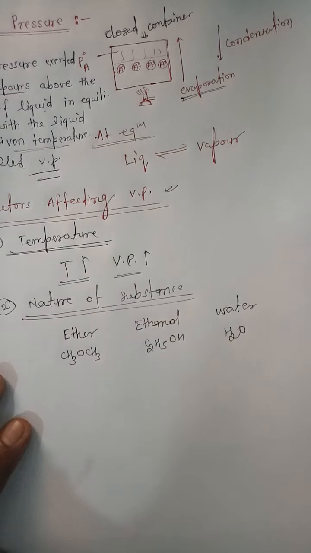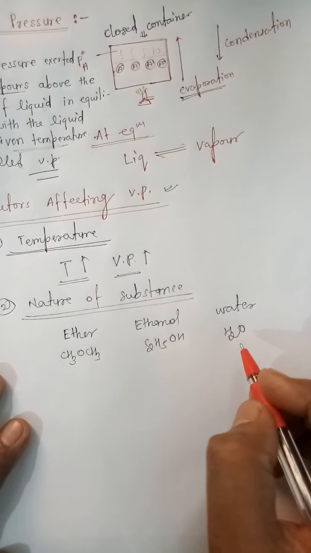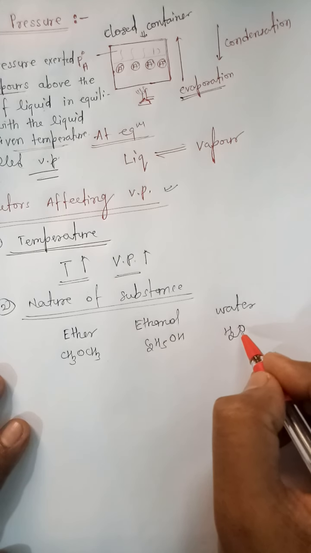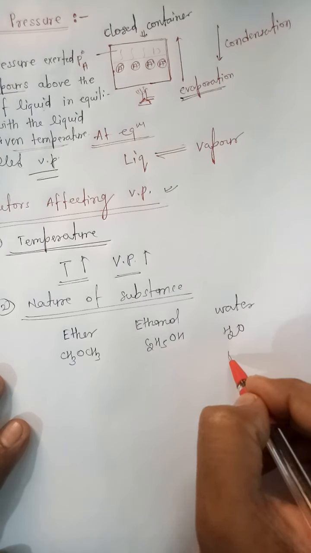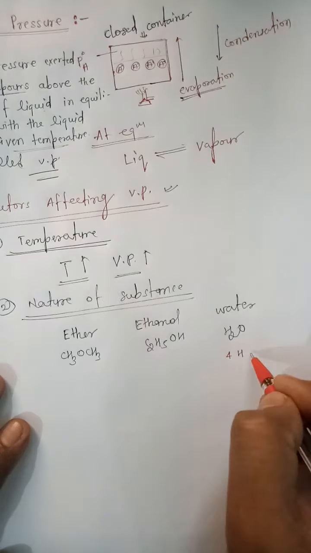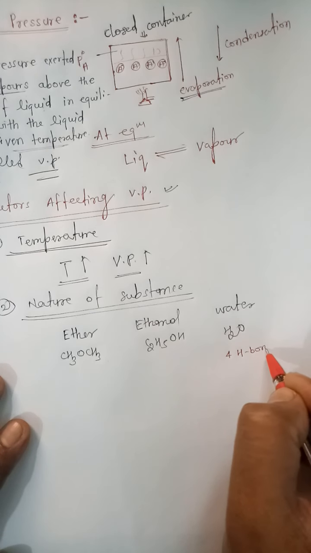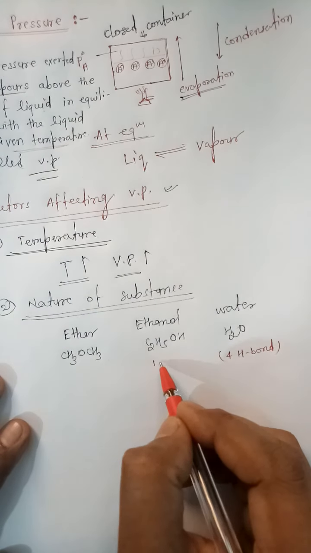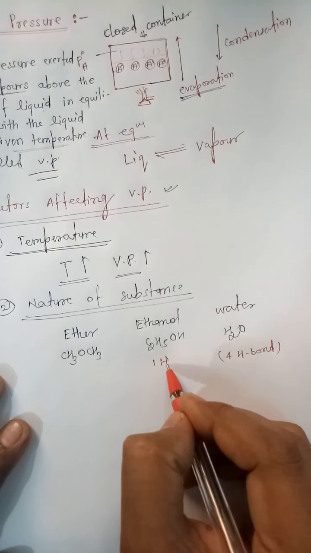We know very well about water. Water forms hydrogen bonding between the molecules. Water can form 4 hydrogen bonds around it, and ethanol can form only one hydrogen bond between the molecules.